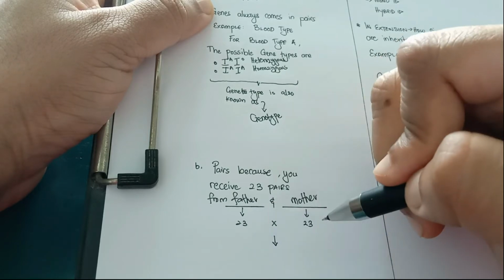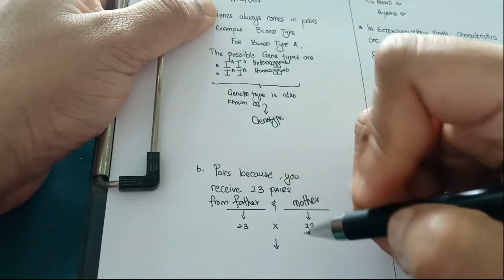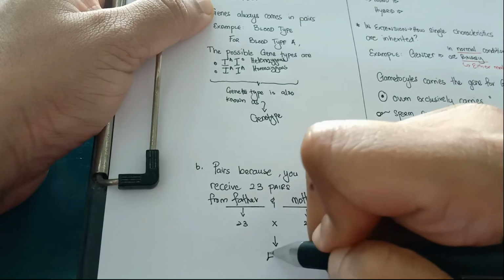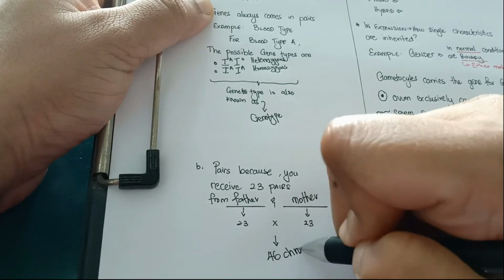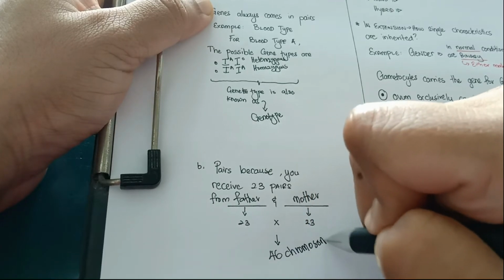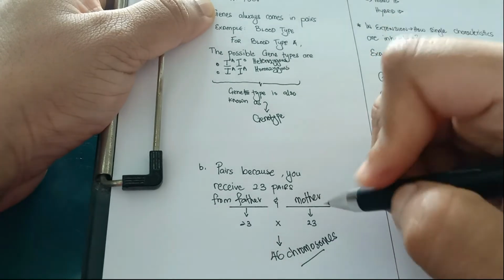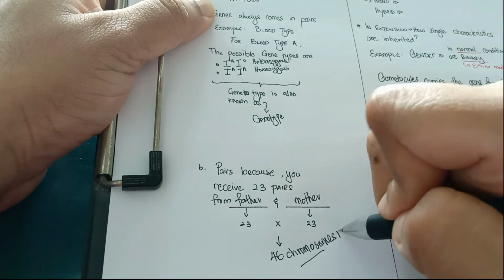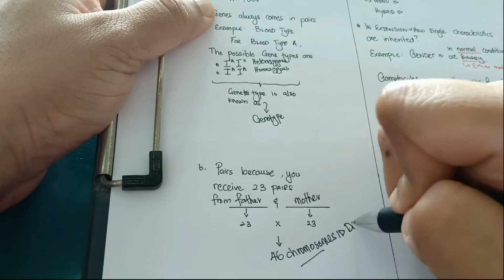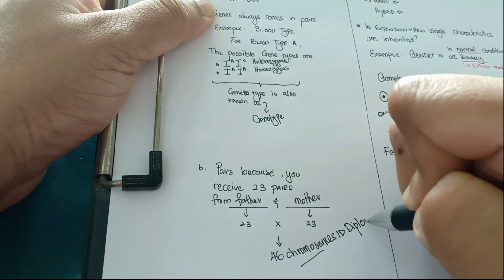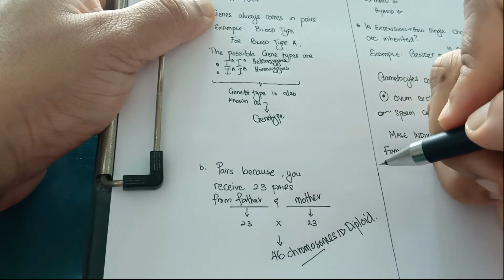In this combination, you'll get 46 chromosomes, which means you get a full human being, and this 46 chromosomes is known as diploid.